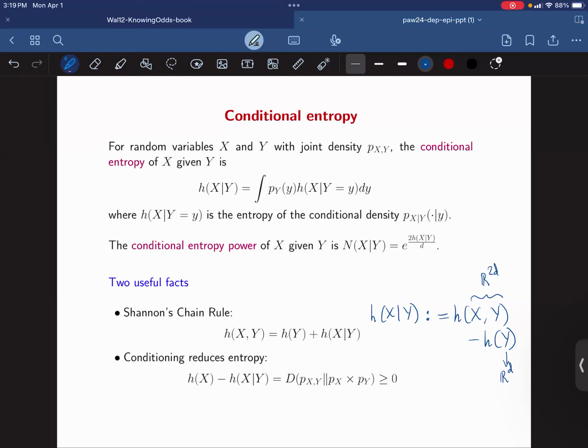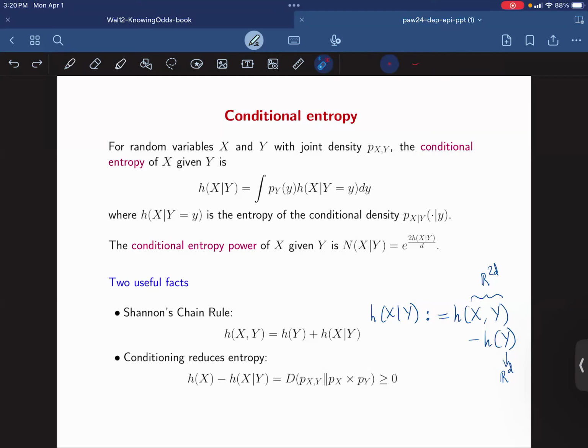Another useful fact, although I'm not sure we're going to use it in any strong way today, is that conditioning always reduces entropy. So the conditional entropy is always less than or equal to the unconditional entropy.